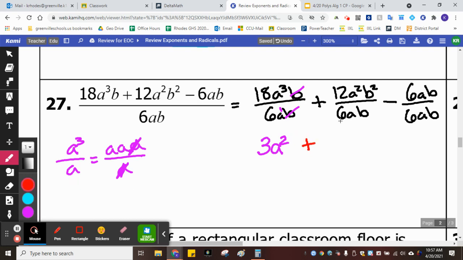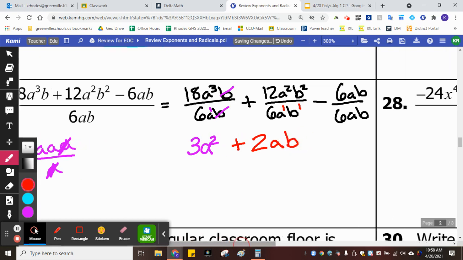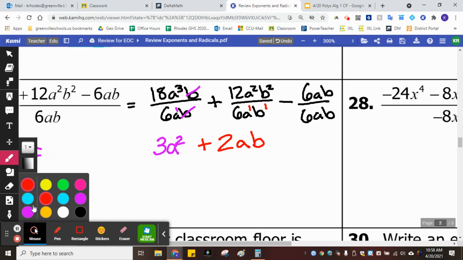So plus 12 divided by 6, 2. A squared divided by a, 1. Because 2 minus 1 is 1. B squared divided by b, again 1. Yep. And this is where people mess up. This last one, I don't know why, but they always just are like, B cancels, A cancels, 6 cancels. But we gotta have something here. Can't just go away. What's 6 over 6?